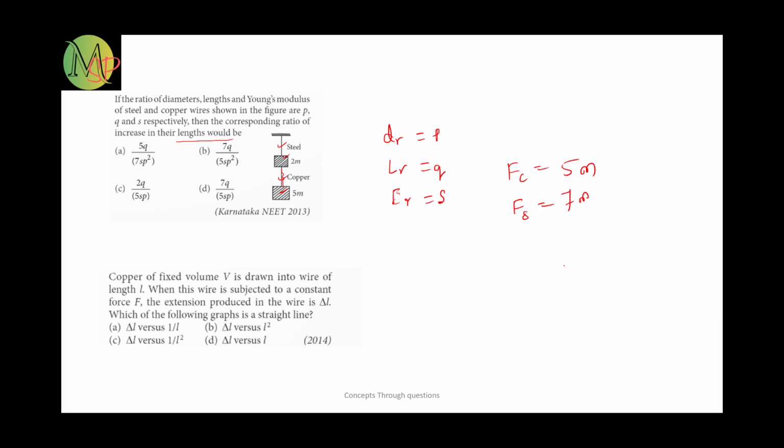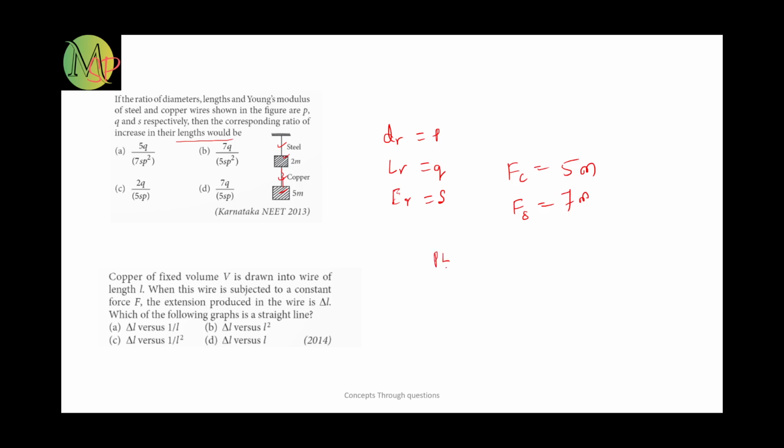These are in series. Extension in the wire is the same. Just you can equate the PL by AE equation for both the wires.